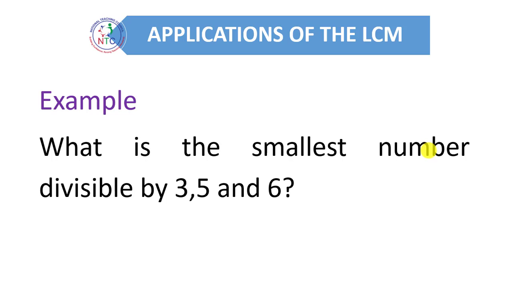Remember I told you that the LCM is also the smallest number divisible by a given set of numbers. So in other words, the LCM of 3, 5, and 6 will simply be the smallest number that is divisible by 3, 5, and 6. In other words, the smallest number that 3, 5, and 6 can divide all together.